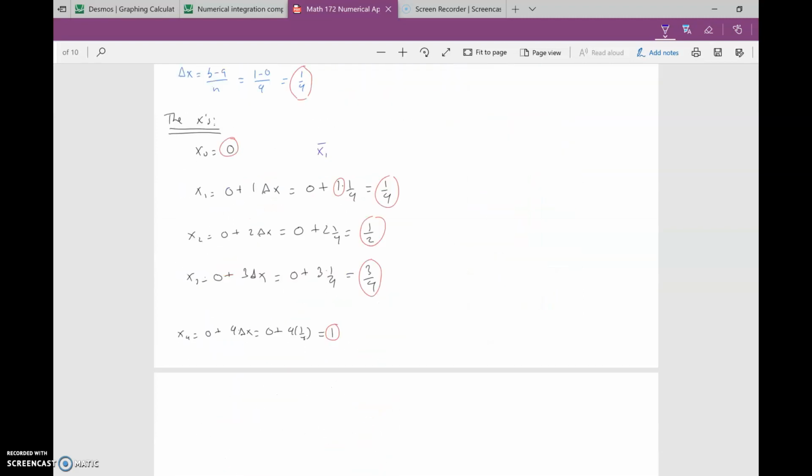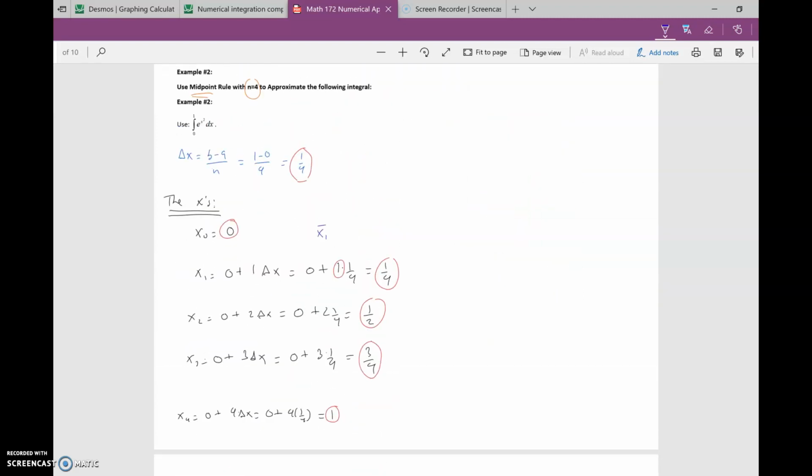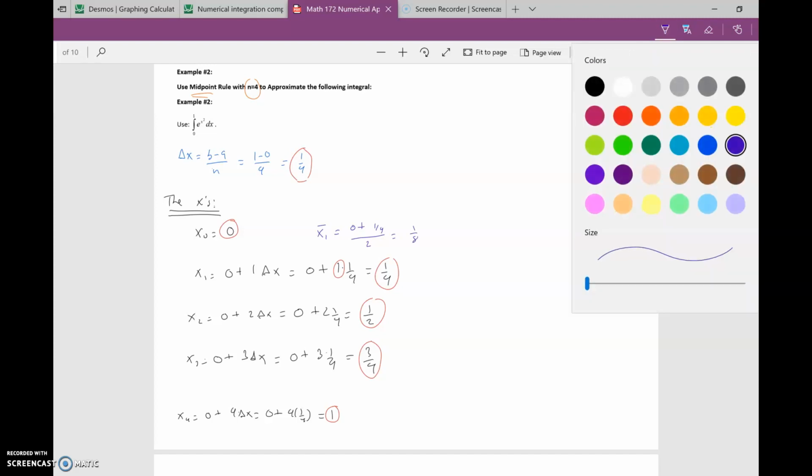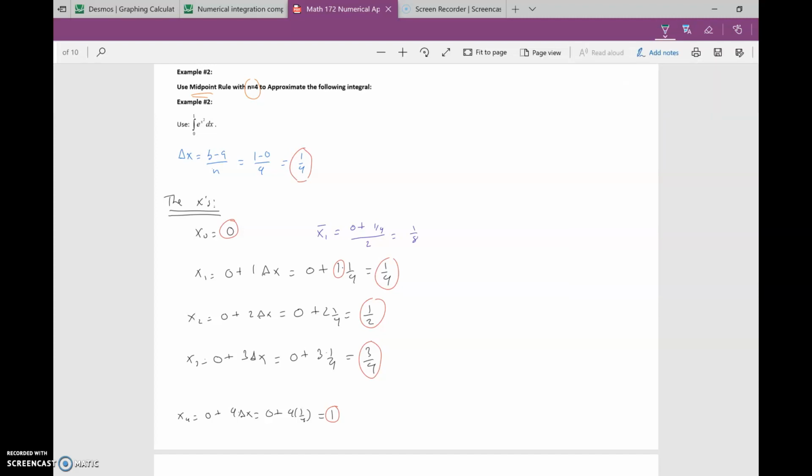So you would simply do the following. Your first point is going to be 0 plus 1/4 divided by 2. That would be the midpoint, and I'm getting 1/8. Now, this is the first one that we're going to be using.